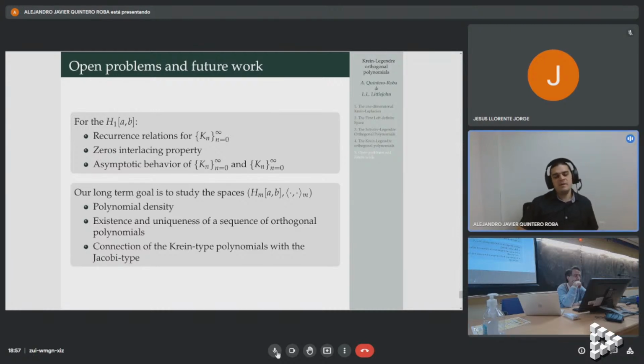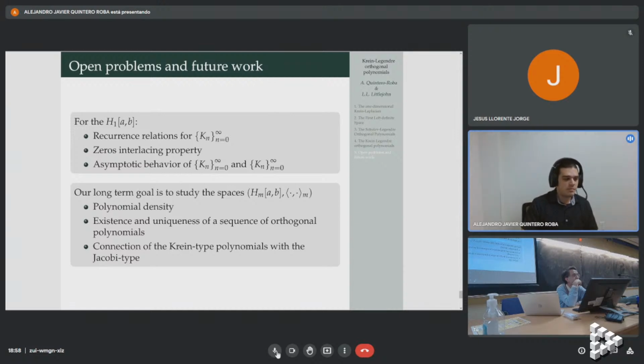Sí, el principal problema que tenemos con los espacios HM es que a partir de que M es igual a 2, el dominio de K a la M partido 2 ya empezaría a tener condiciones de frontera. Y estos espacios son resultado de problemas con condiciones de frontera. Entonces, ya H2 sería un espacio que es de Hilbert, pero de funciones con condiciones de frontera.